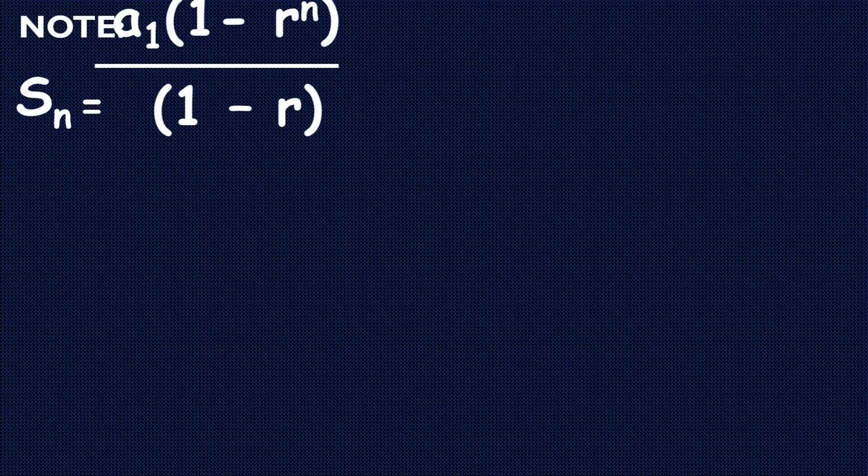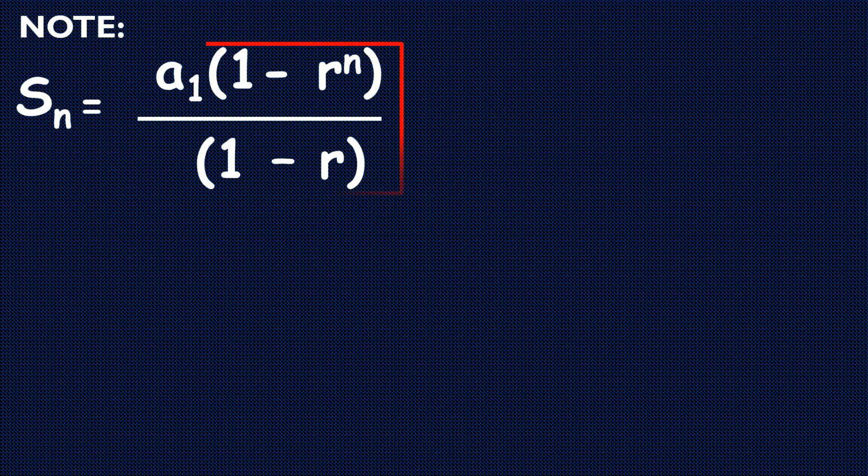Let's also take note of the sum of n terms. That is the sum of the number of terms from a geometric progression. The sum of n terms is equal to the first term times, open bracket, 1 minus the common ratio raised to power n, that is the number of terms we're considering, bracket close, all over 1 minus r.